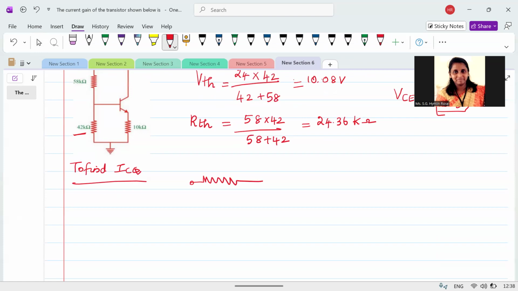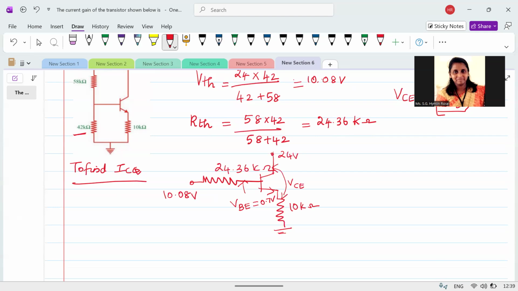This VTH is 10.08 volt and the resistance RTH is 24.36 kilo ohm, with the transistor, the total supply voltage is 24 volt, and the emitter resistance is 10 kilo ohms. Here the potential across this is considered to be VBE, 0.7 volt, and the potential across this is considered to be VCE.